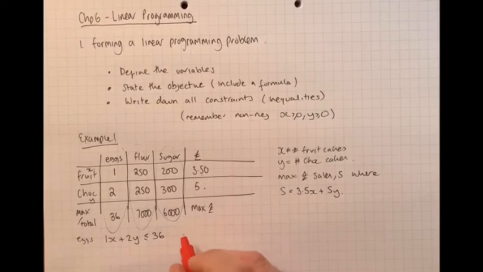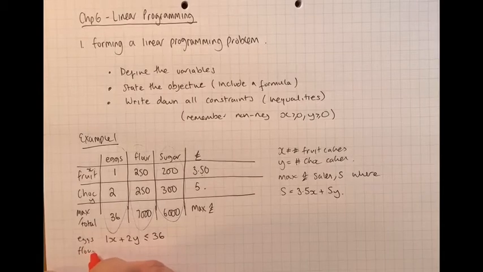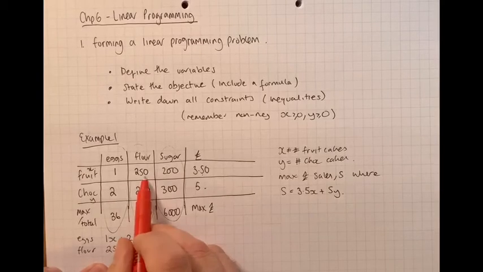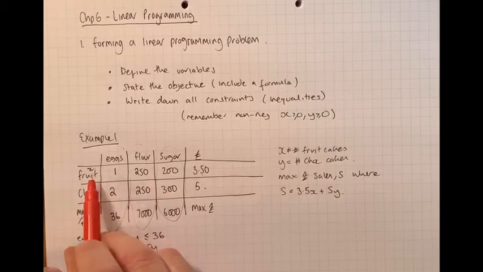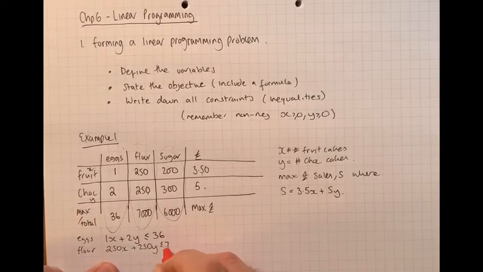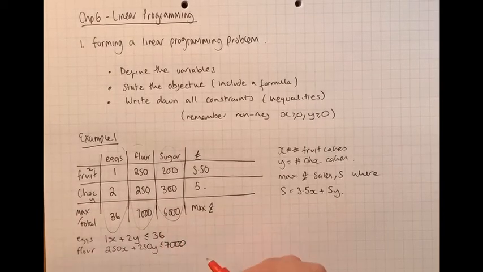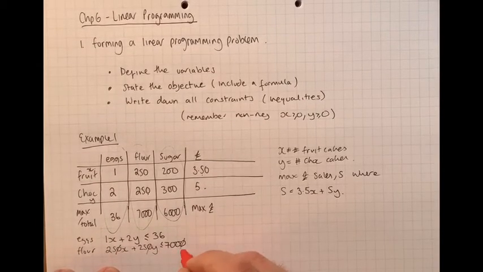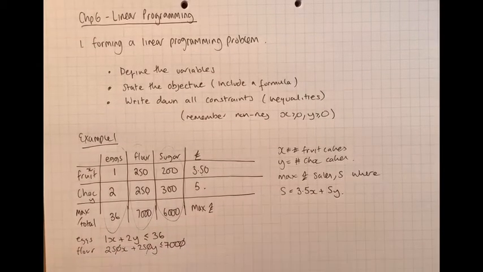From the flour we would have 250x plus 250y, because it's 250 times the number of fruit cakes plus 250 times the number of chocolate cakes. It must be less than or equal to 7,000. If we divide that by 10, and then by 25, we're going to have x plus y must be less than or equal to 28.